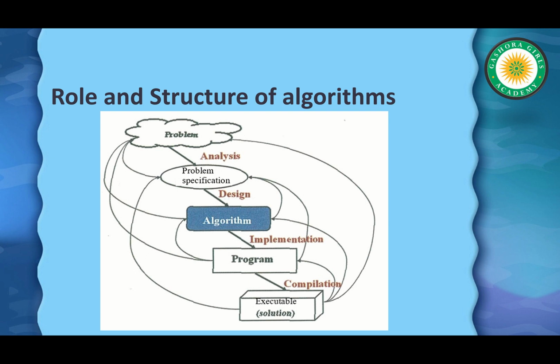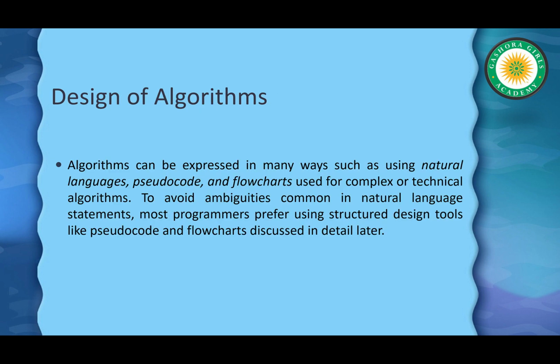After having the algorithm tested for correctness, verifiability and other characteristics, you write your algorithm using a suitable programming language. Then you compile your program and install it on computers or portable devices. Now we are going to discuss the design of an algorithm.